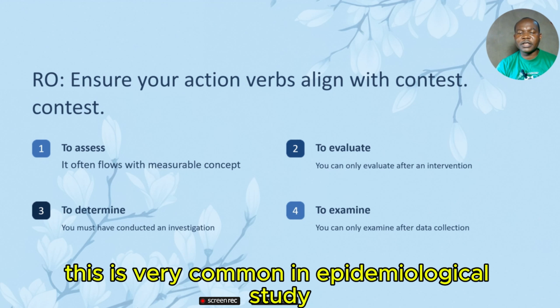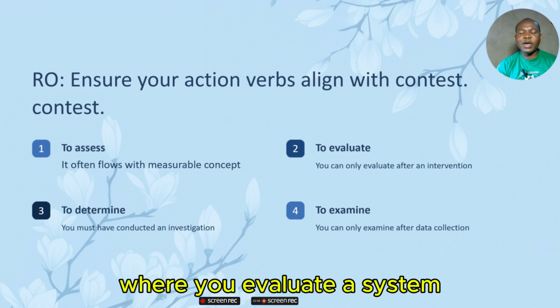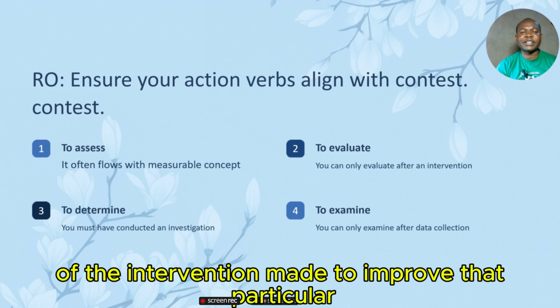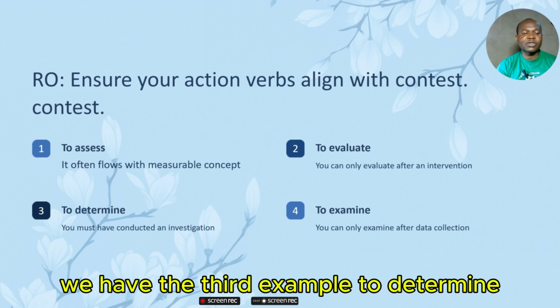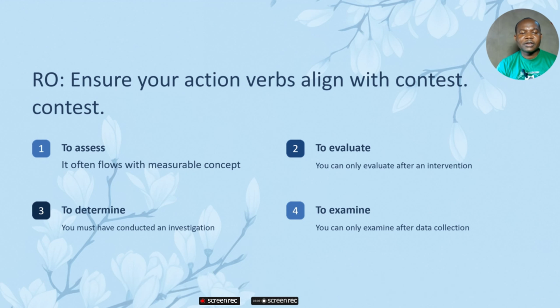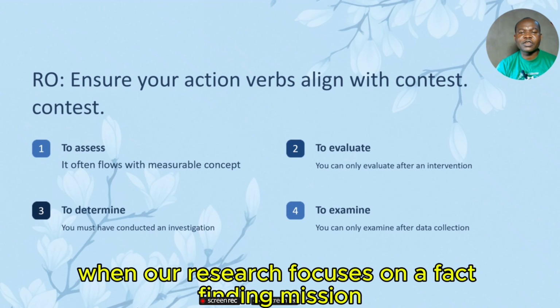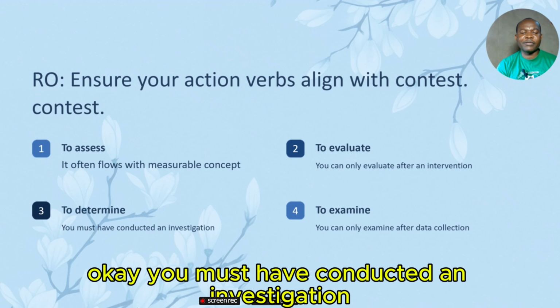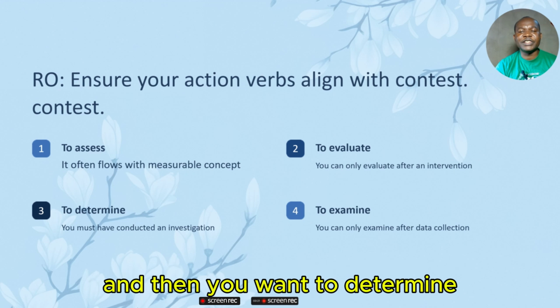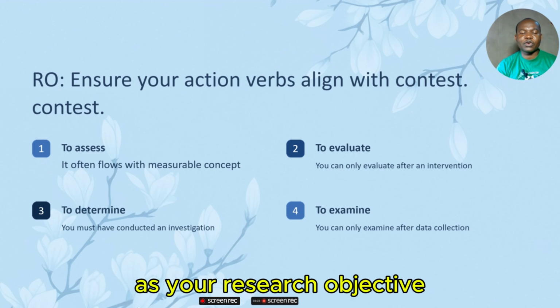This is very common in epidemiological study, where you evaluate a system against the backdrop of the intervention made to improve that particular system. And again, we have the third example, to determine. This phrase is often used when our research focuses on a fact-finding mission. You must have conducted an investigation, and then you want to determine as your research objective.